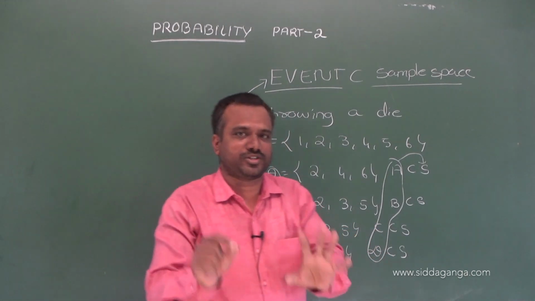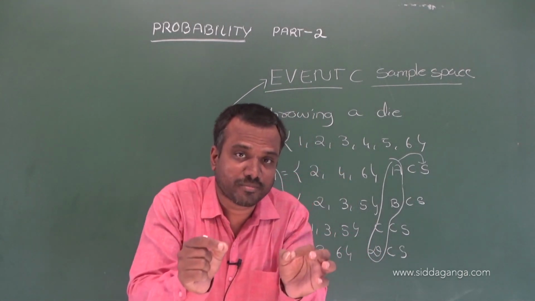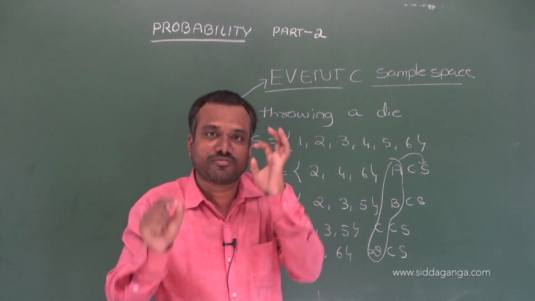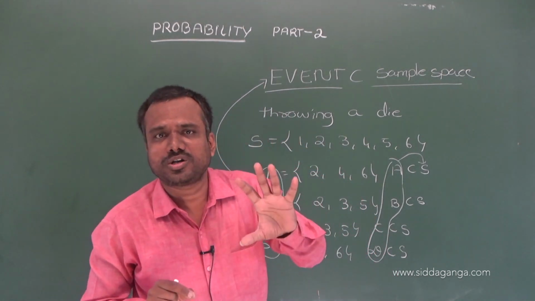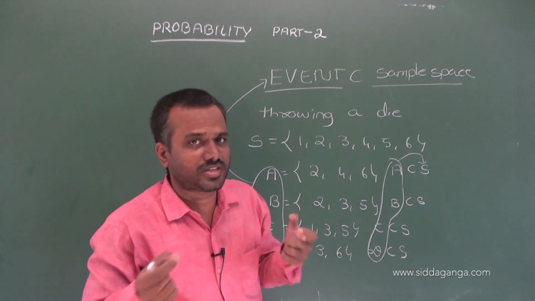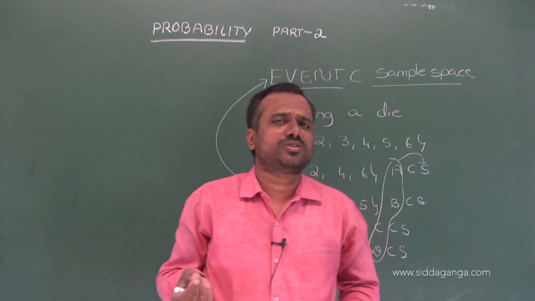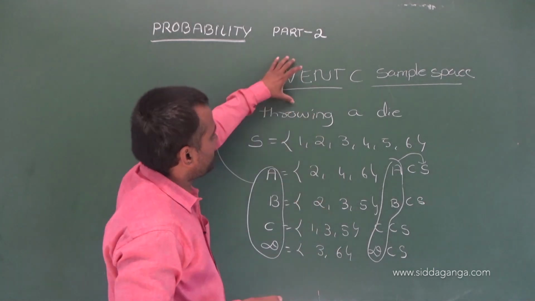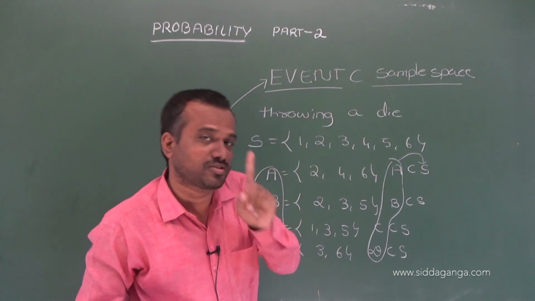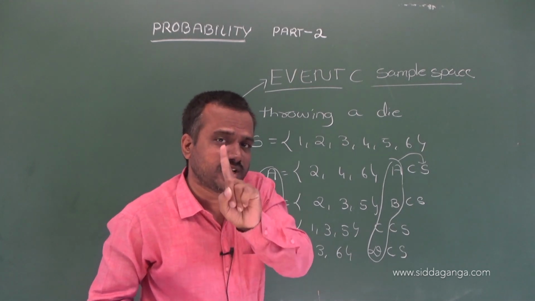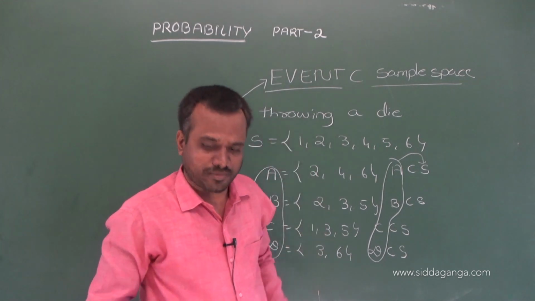Okay, this is my definition. Then what is the actual definition of event? Event is a subset of what? Sample space. This is very important. Event is a subset of the sample space.